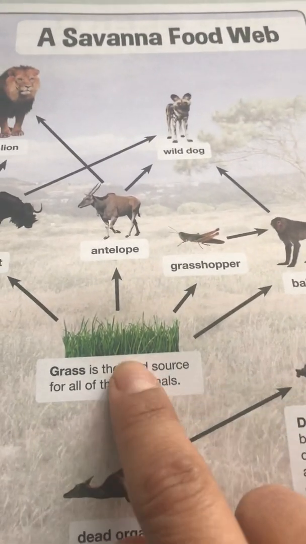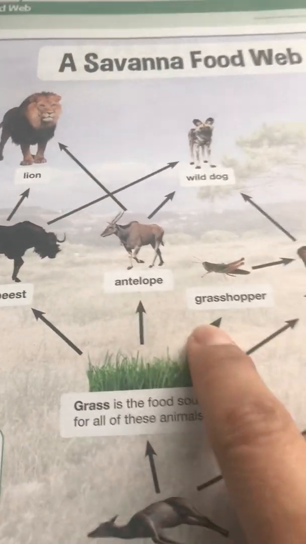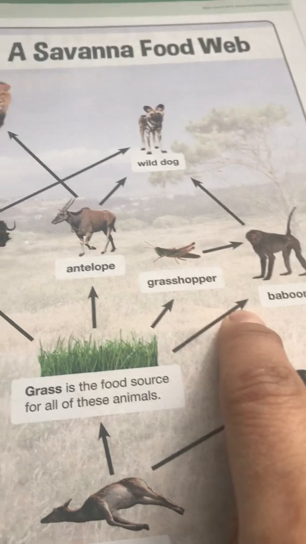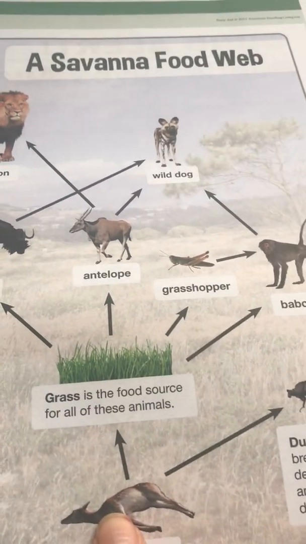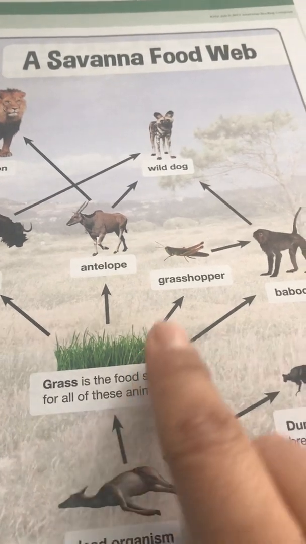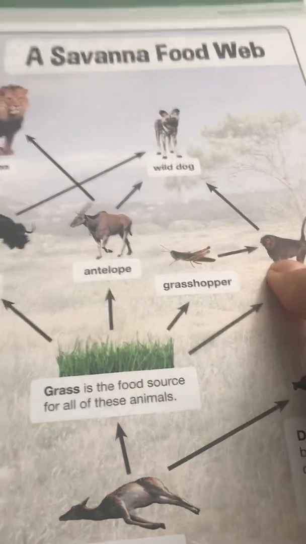The energy is then transferred to the grass, and then we see animals like wildebeest, antelopes, grasshoppers, and baboons get their energy from that grass that grew from the nutrients given to it by the wildebeest. We can see that a grasshopper can transfer its energy as a baboon eats it.